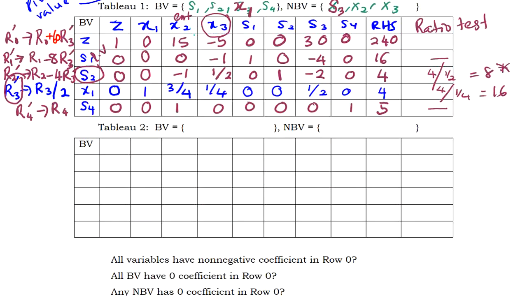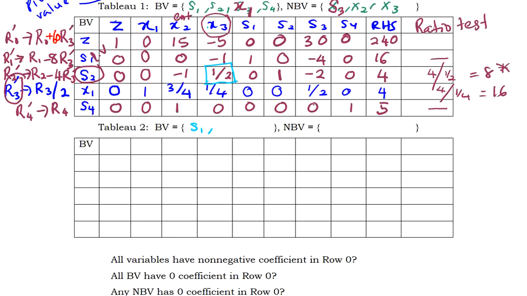Okay, so for Tableau 1, the pivot value is 1 over 2. So for Tableau 2, BV will be S1.